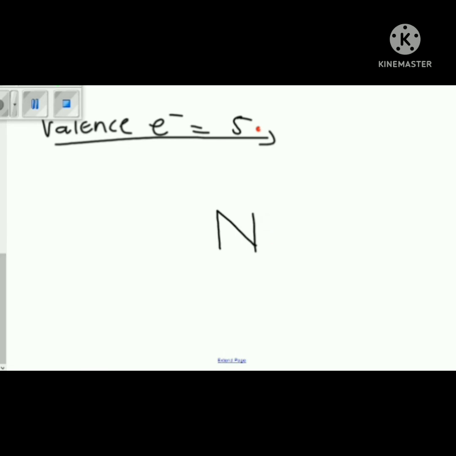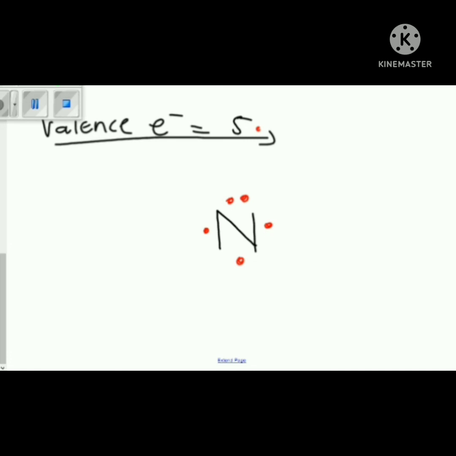So how do you represent this 5? Note that you have to represent it in pairs. First we can represent the first one: 1, 2, 3, 4, and 5. Most of you may wonder why I did not pair these up, because I had said that we need to represent these in pairs.